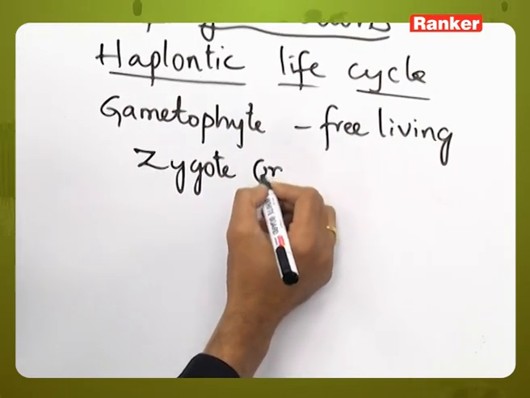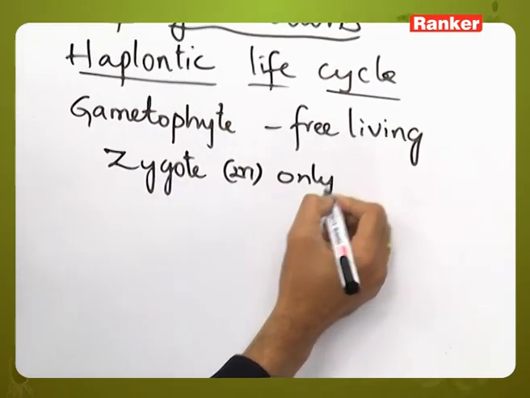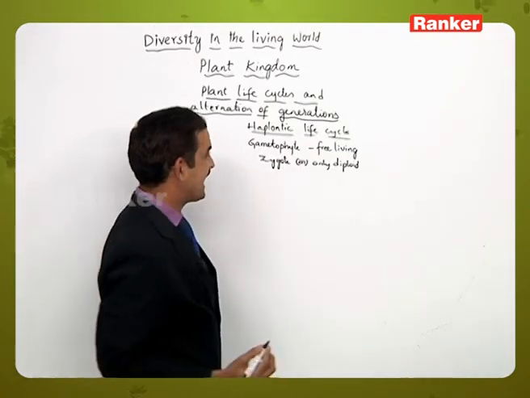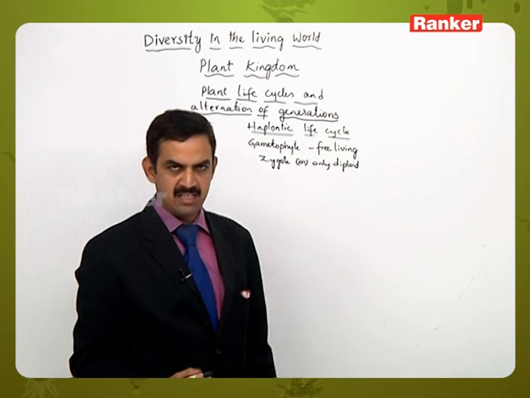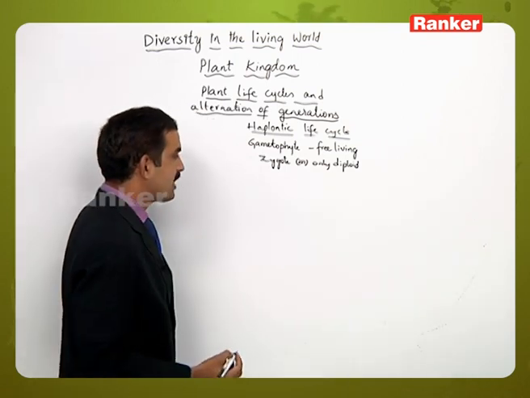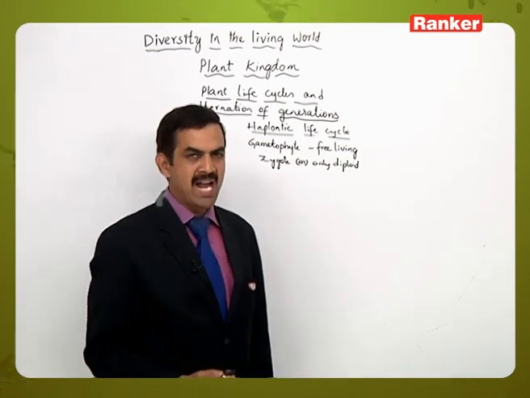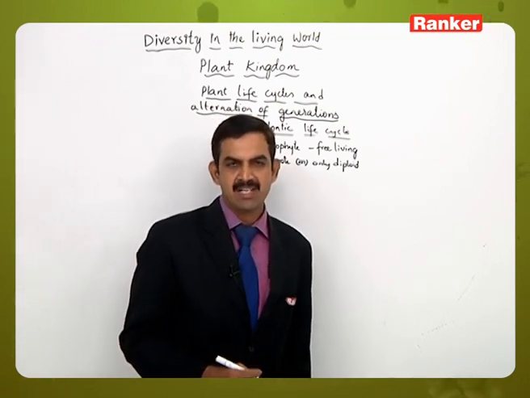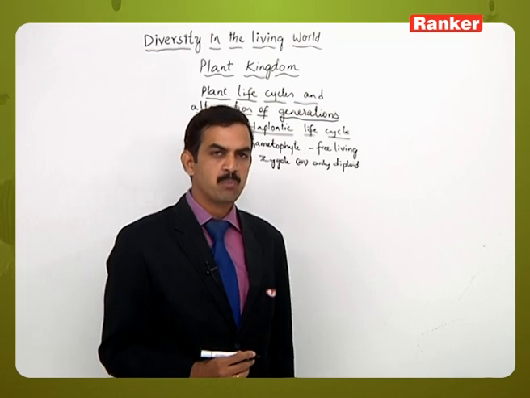Zygote is the only diploid structure in the entire life cycle. So here the zygote is formed by the fusion of two haploid structures, that is, a male and a female gamete, as a result of sexual reproduction.